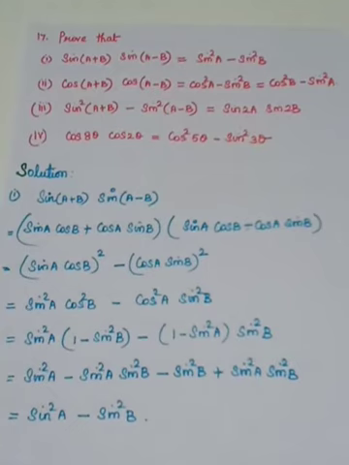Both have to be multiplied, and you will get the answer sin squared a minus sin squared b. In the same way, second one, cos(a plus b) into cos(a minus b). If you multiply, your answer you can write in two ways. The first one, cos squared a minus sin squared b. The next one, cos squared b minus sin squared a.